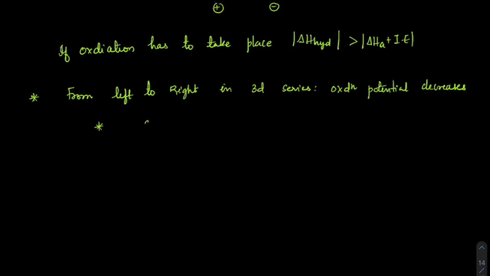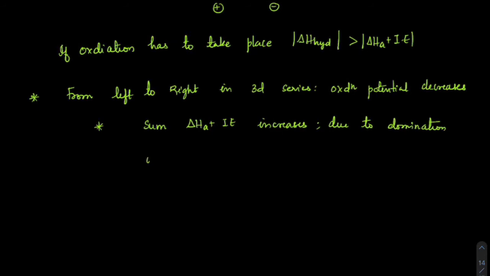One, the sum of delta H atomization plus ionization increases because the metals will have more interaction and they are becoming stronger. We have seen this before also, that the metallic character increases from left to right and they will become harder, correct? So their melting point increases.